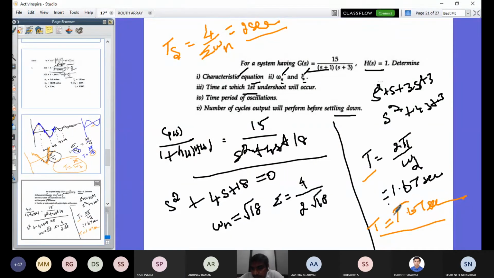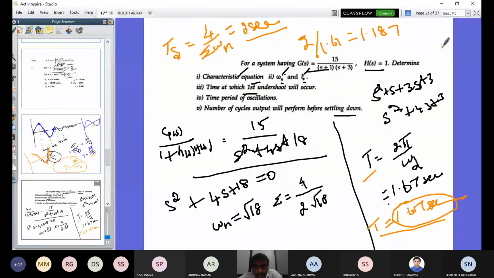The time period of one cycle is 1.67 seconds, already calculated. So the number of cycles completed is TS, 2 seconds, divided by 1.67 seconds. 2 divided by 1.67 is about 1.187 cycles.